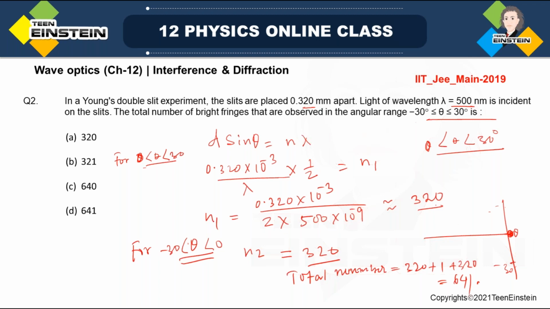This is how we get the total number of bright fringes that are observed in the angular range. This is 641. All right, so we have got the second question answered.